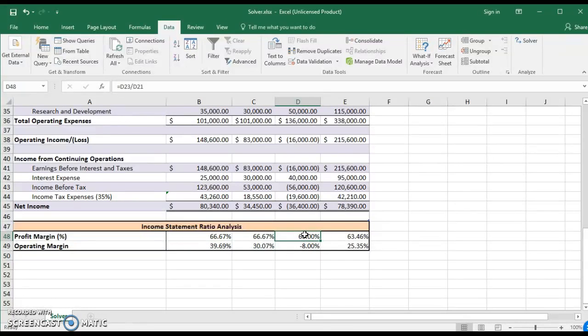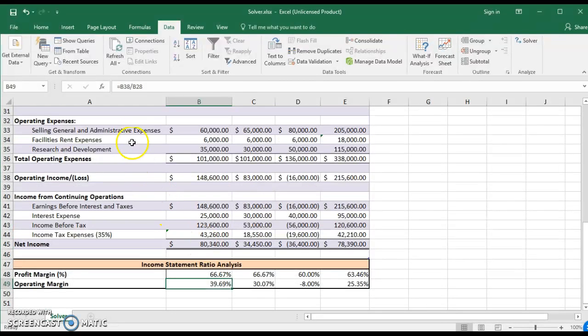Although profit margin is high for 3 products, it doesn't mean they create income, so we need to further analyze the income statement. Operating margin can provide a deeper understanding because it takes into consideration other expenses that incur during the period, such as all the expenses here.